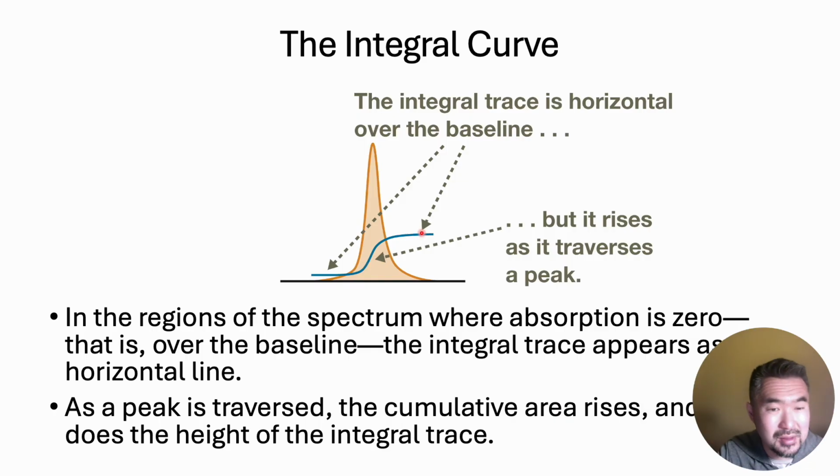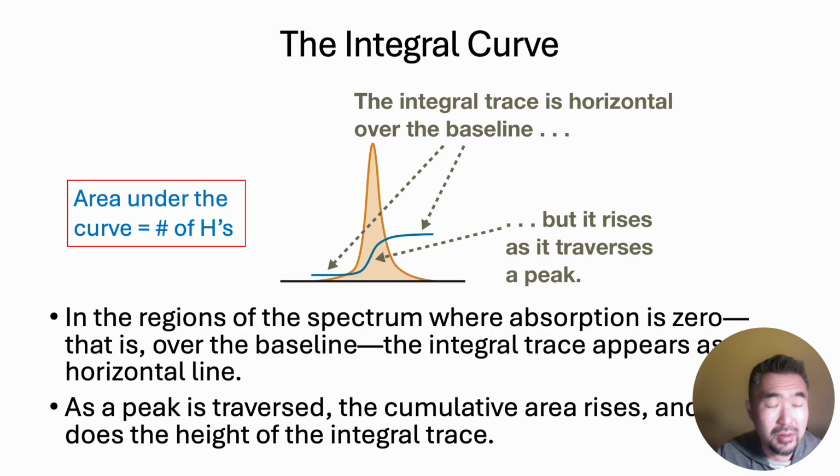If you've taken integral calculus, this might be more easily relatable, but you don't necessarily need to know that. In practice, the height difference between here and this height is proportional to the area for this peak. Okay, so area under the curve or the graph.